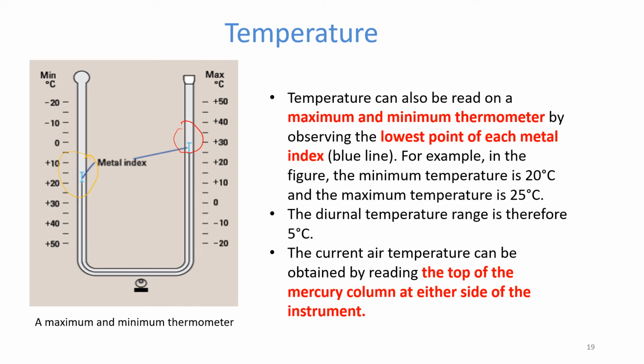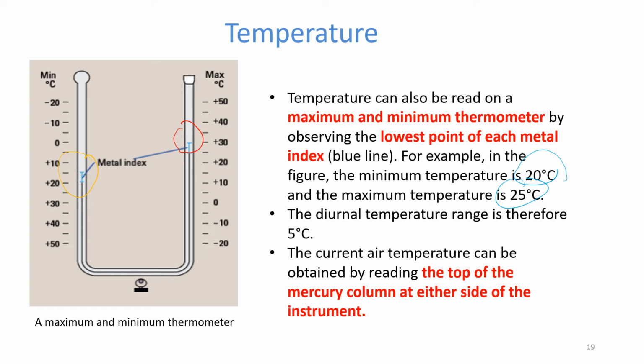With both the maximum and minimum readings, we will be able to obtain the daily temperature range or diurnal range, which in this case, in the picture, will be about 5 degrees, based on the maximum and minimum temperature recorded here.